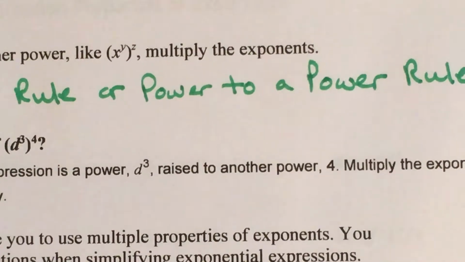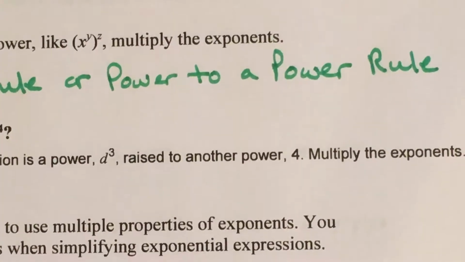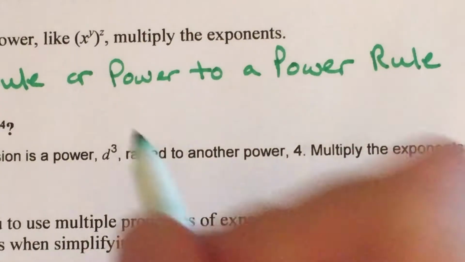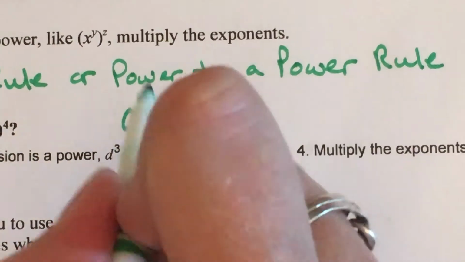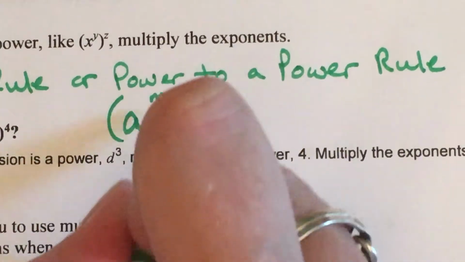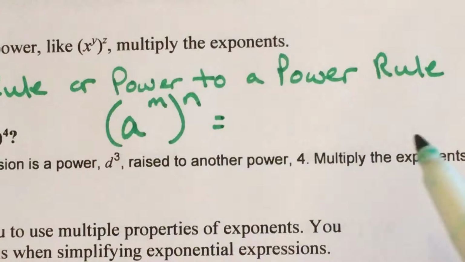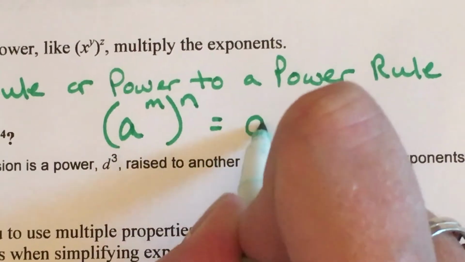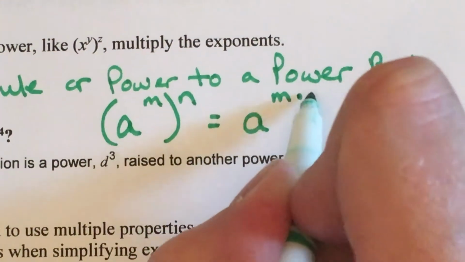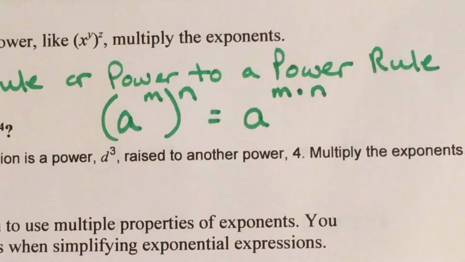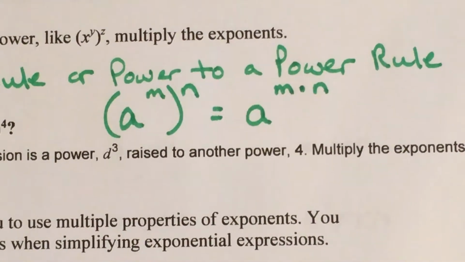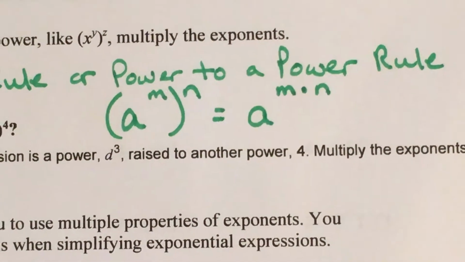The power rule simply states that a to the m to the n power is equal to a to the m times n. This is where the exponents actually get to multiply to each other.